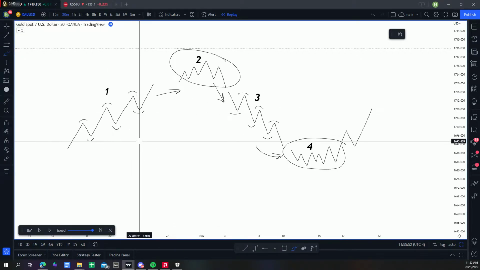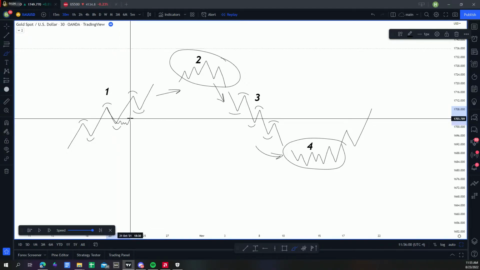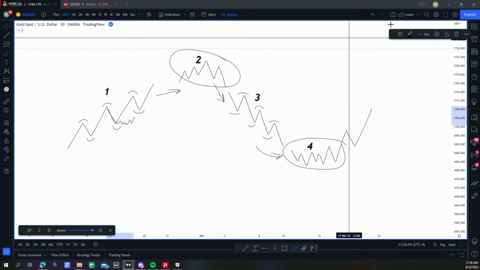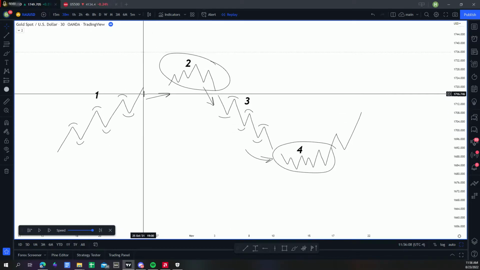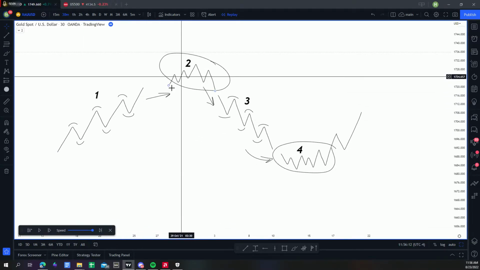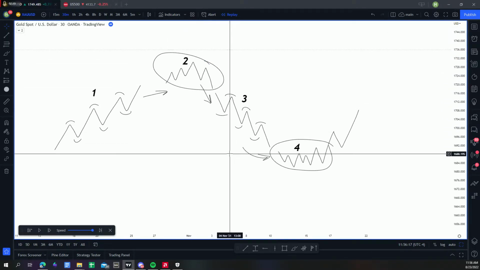Our goal is to, within these pullbacks, know where price will likely bottom at, confirm that once it does bottom, and then we know where price is likely to head next. At some point, this first stage of the uptrend will end and it will transition into the second stage, which is a distribution.